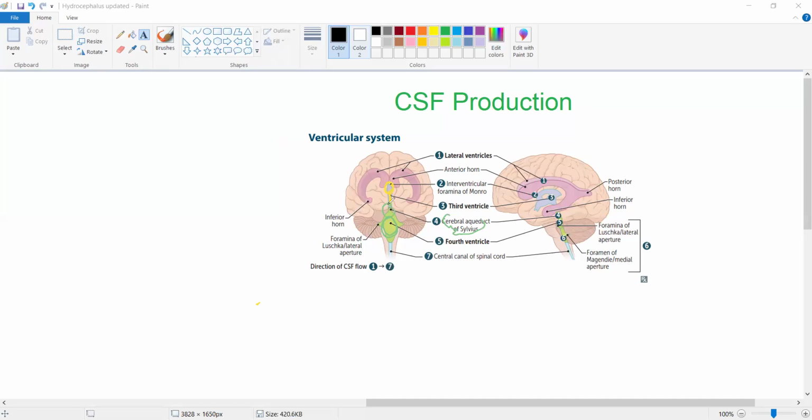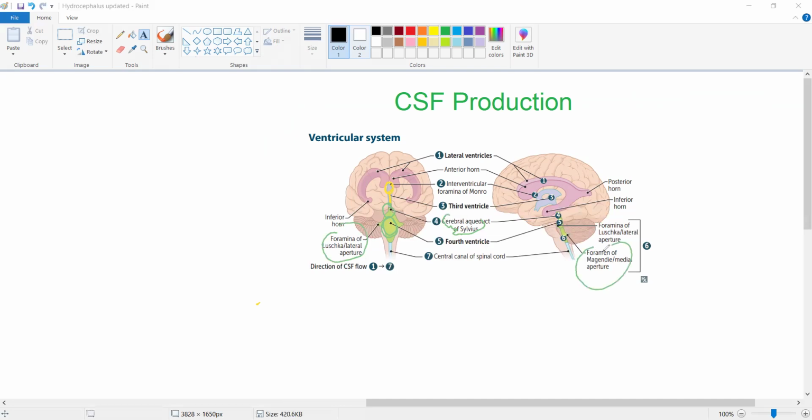So the CSF goes from the lateral ventricle to the third ventricle through the foramen of Monro, from the third ventricle to the fourth ventricle through the cerebral aqueduct, and from the fourth ventricle to the subarachnoid space through two foramina, the foramen of Luschka and the foramen of Magendie.